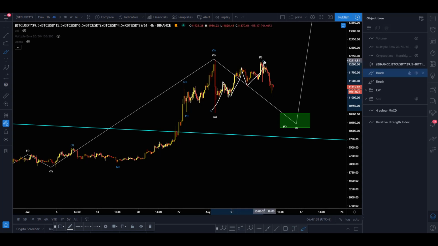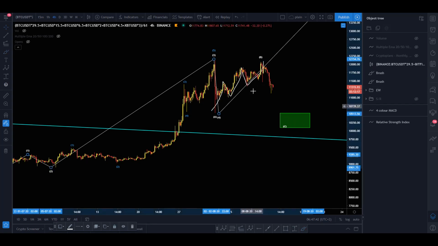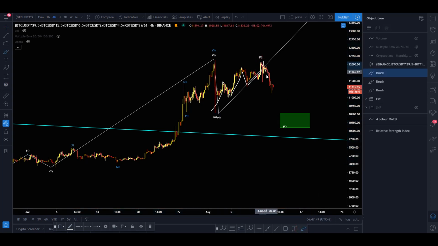Could be the start of like this, and that would be your first leg. This is your correction of that leg, and then up again.